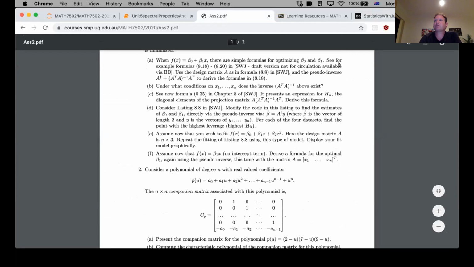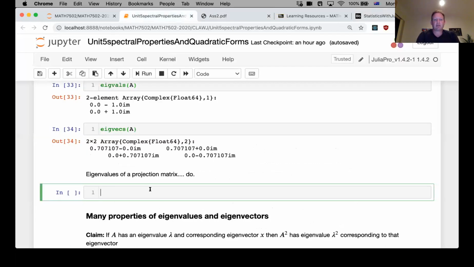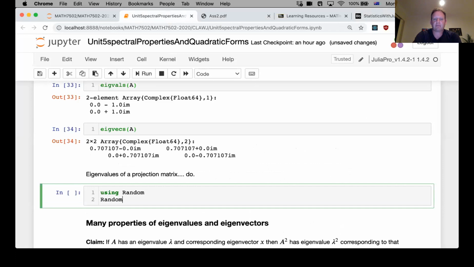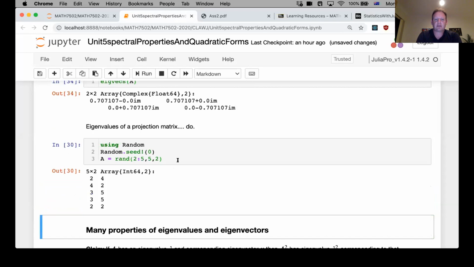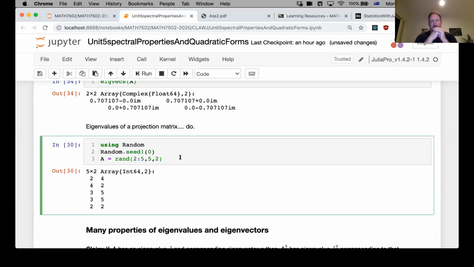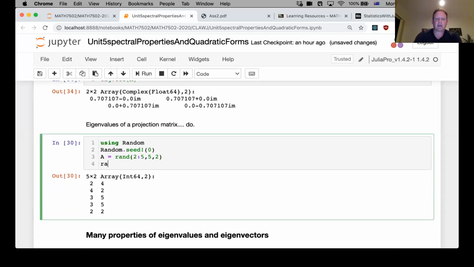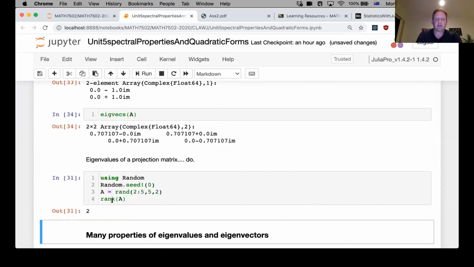Okay. All right. So just to see an example of the projection matrix, let's just take an example matrix. I just want to fix it so it'll be the same. Let's do a 5 by 2 matrix, okay? So here's a 5 by 2 matrix A. I assume the rank of A here is 2.